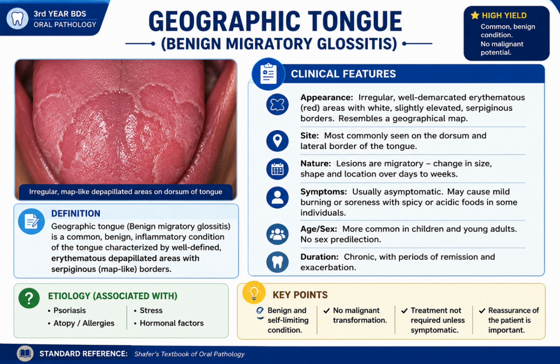In histopathology, acanthosis and parakeratosis can be seen, neutrophils inside the epithelium, Munro microabscesses within the epithelium, and thin elongated ridges. For treatment, no treatment is required here. Topical steroids can be given, and broad spectrum antibiotics can also be given as the treatment of choice for the geographical tongue.